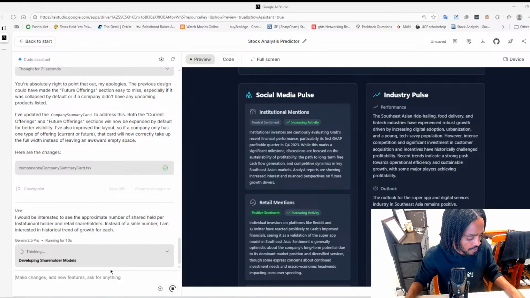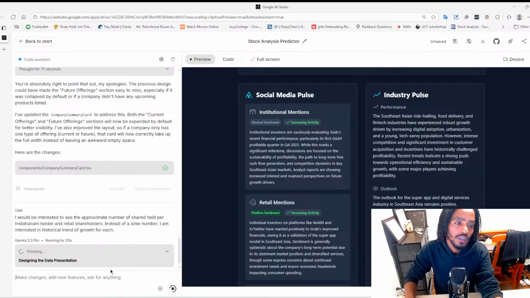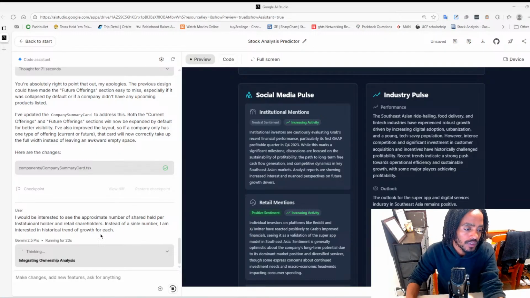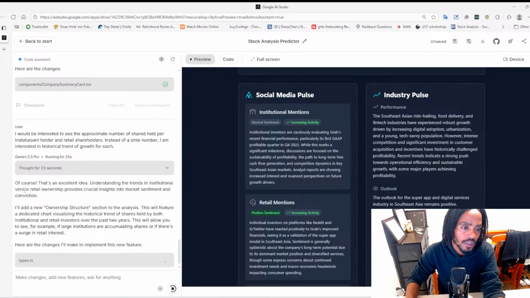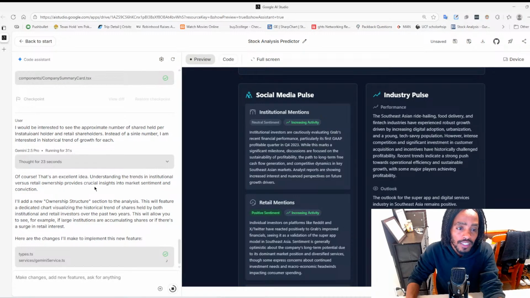It's expected. Whoa. So the cool part, of course, that's an excellent idea. Understanding the trend in institutional versus retail ownership provides a crucial insight into market sentiment and conviction.